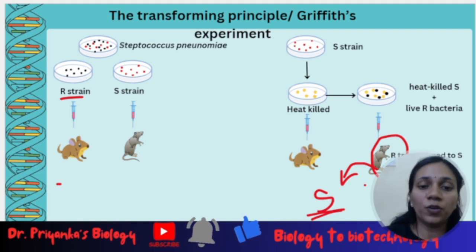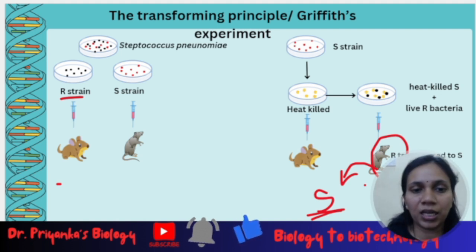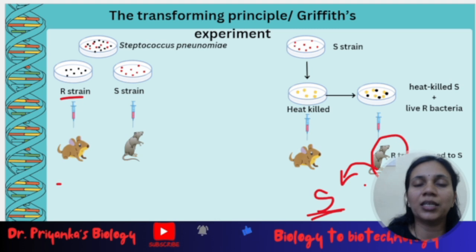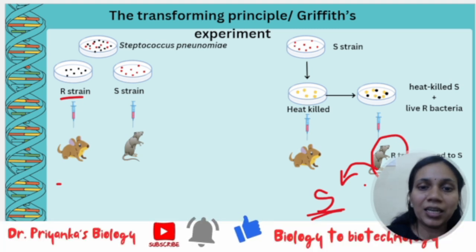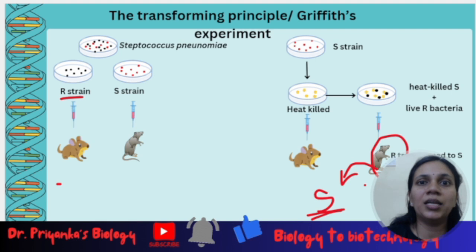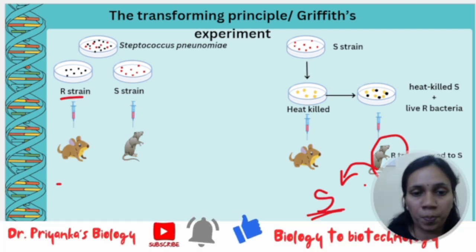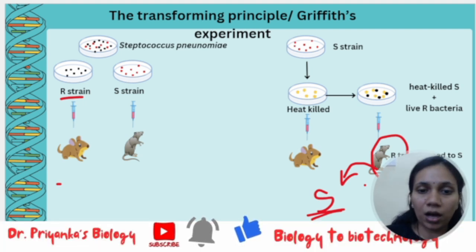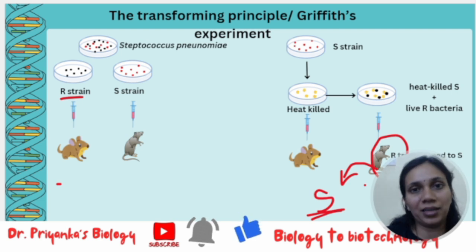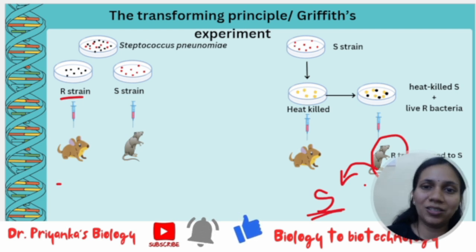So for this, some other groups started studying and they established the fact that it is the DNA that changed the R strain, and that led to the establishment of the fact that it is the DNA which is the actual genetic material. So we will focus on the experiments conducted by the other group, Avery, McLeod and McCarthy. That we will study in some other videos.